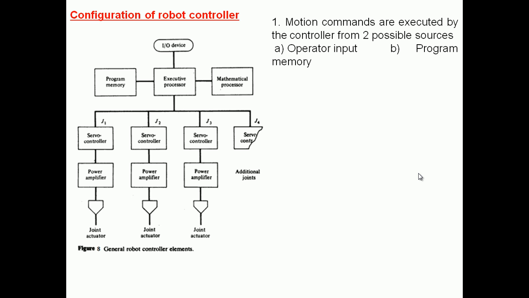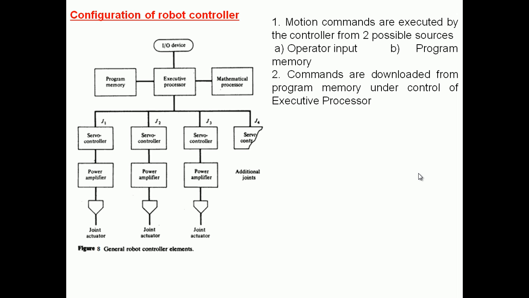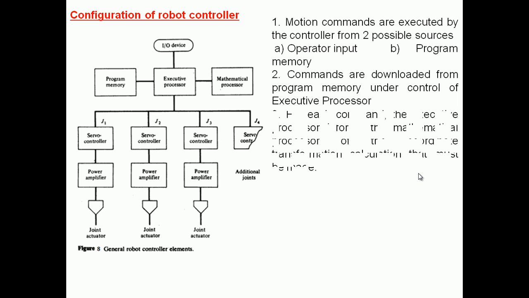So first, the motion commands are executed by the controller from two possible sources. One is operator input, the second is program memory. Commands are downloaded from program memory under control of the executive processor. For each command, the executive processor informs the mathematical processor of the coordinate transformation calculation that must be made.